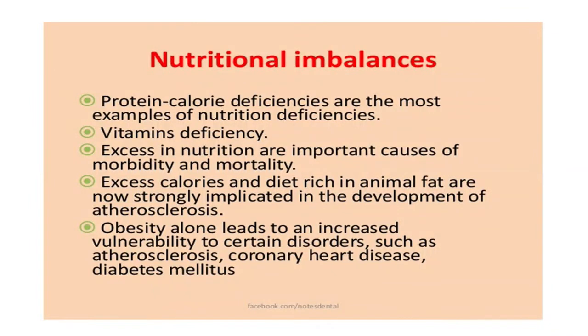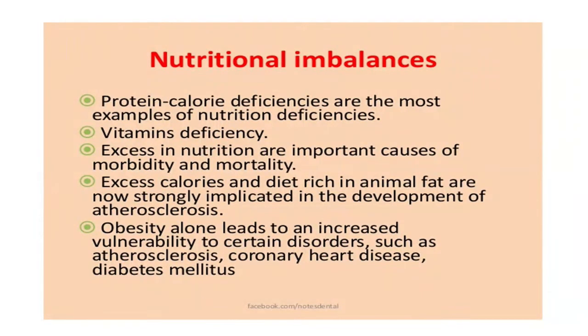Nutritional imbalances. Protein calorie deficiencies are the most common examples of nutritional deficiencies. Protein deficiency, kwashiorkor, and beriberi are the most common nutritional deficiencies that we may have. Vitamin deficiency may cause a cell to get injured. Excess in nutrition is an even more important cause of morbidity and mortality.